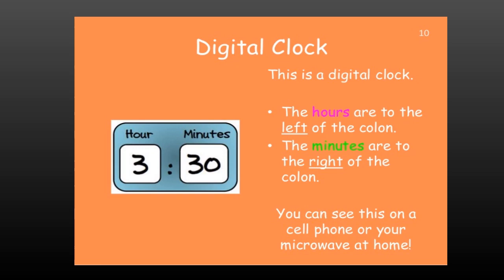Now let's talk about the digital clock. Here is the digital clock. The hours are on the left side and the minutes are on the right side. And we can see this figure on the cell phone or on your microwave at home.